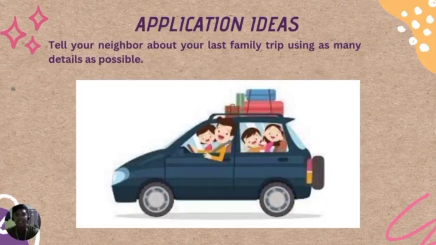So for the application ideas, an example is tell your neighbor about your last family trip using as many details as possible. So in this situation, your neighbor will ask you, and you will tell your neighbor what happened on your last family trip.